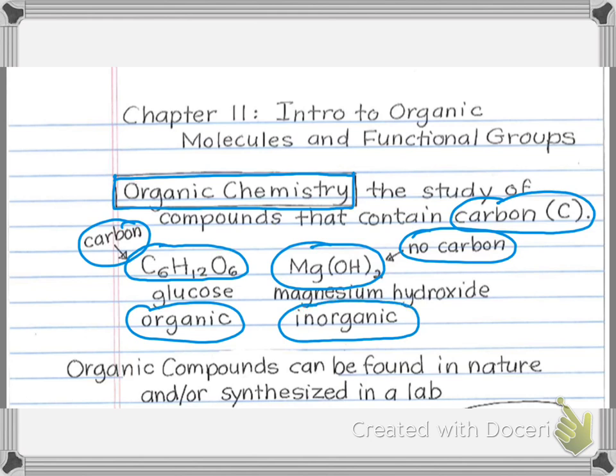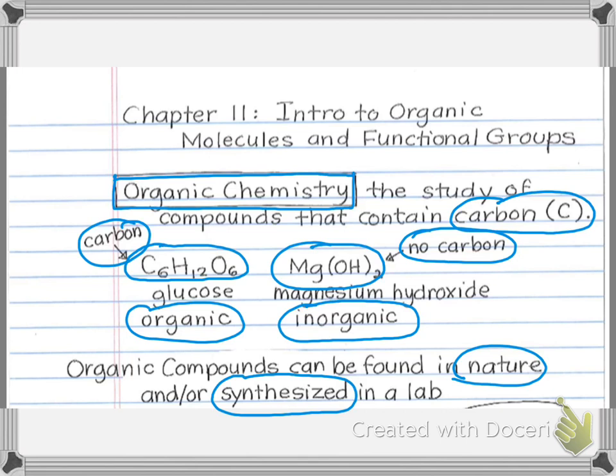Now, organic compounds, while we may associate the word organic as something to do with nature, organic compounds may be found in nature, but we can also synthesize these same chemicals or even new chemicals in a lab.